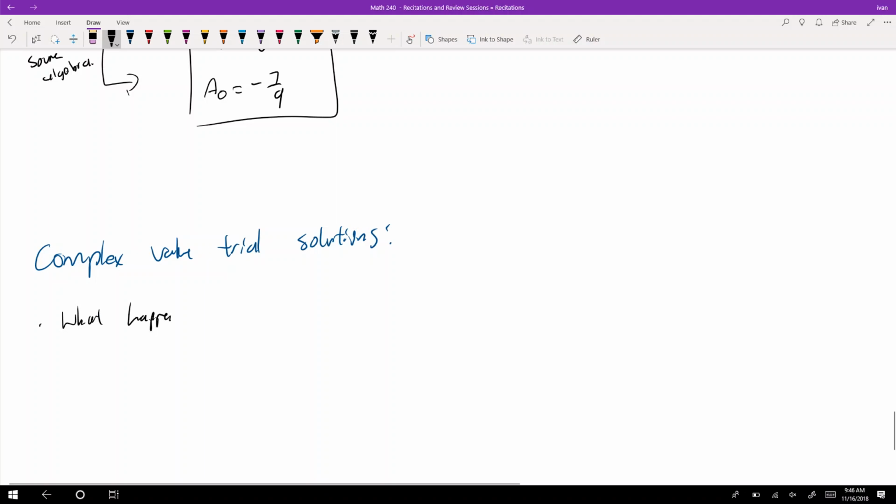What happens if f of x is e to the ax sine bx or e to the ax cosine bx? If you use annihilators, go back to our annihilator table: e to the ax sine bx or e to the ax cosine bx.